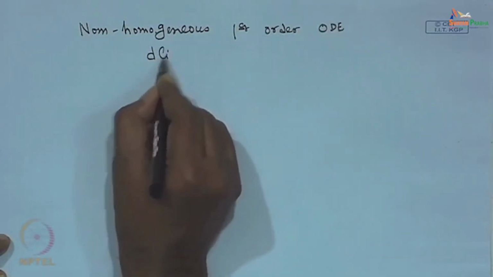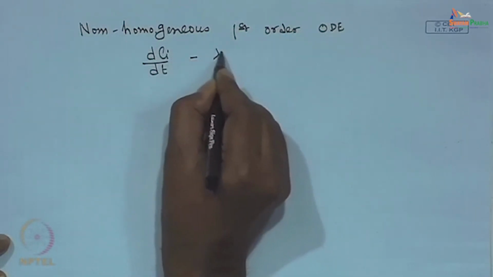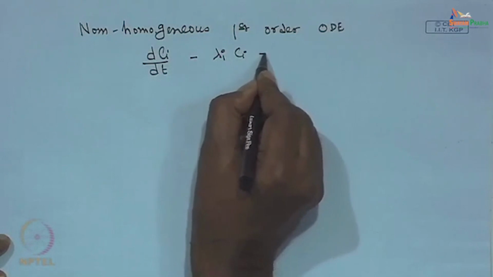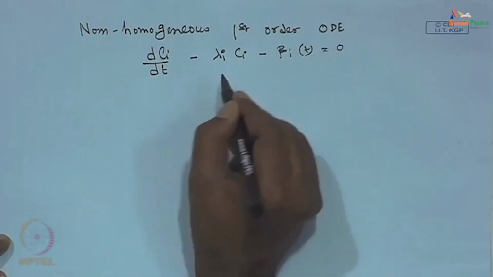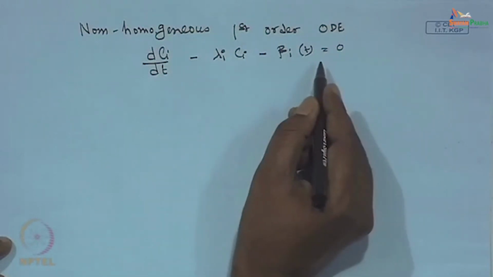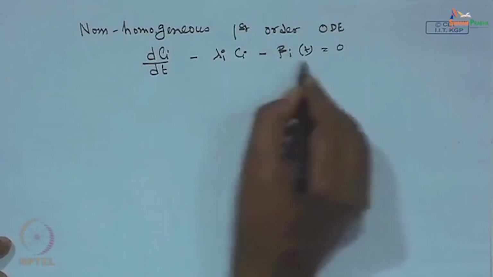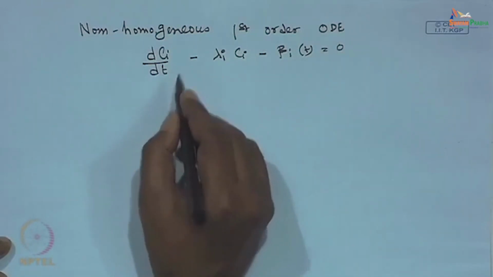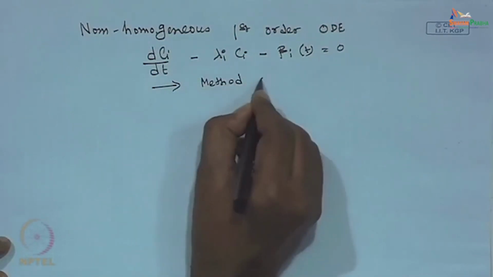As a condition, dc_i/dt minus lambda_i c_i minus beta_i, which is in general a function of time. Now, this is a non-homogeneous ODE, ordinary differential equation. This ODE can be solved by the method of integrating factor.